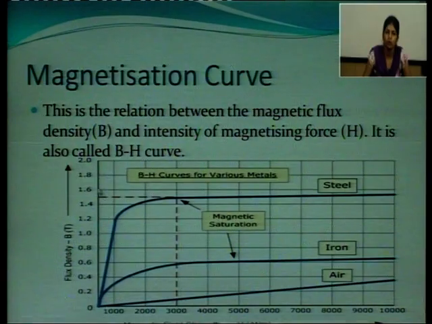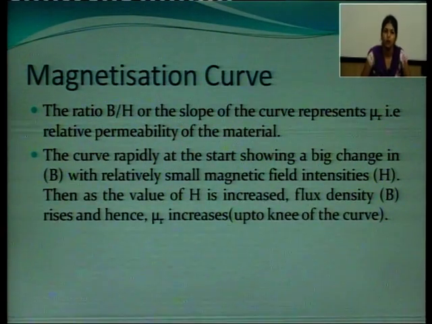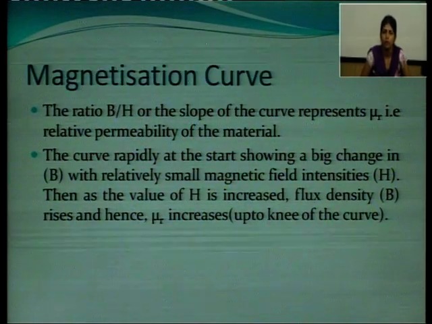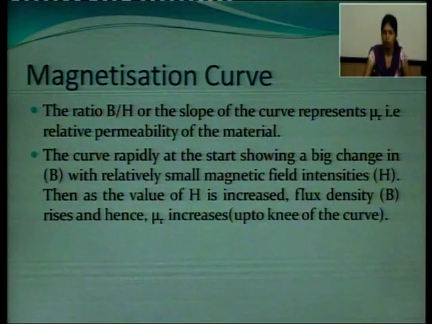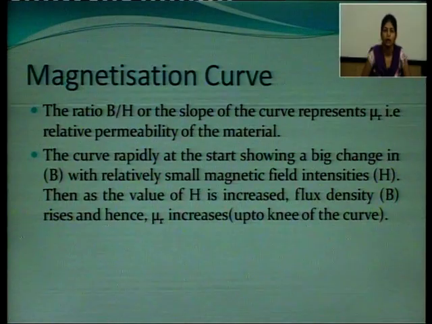It is also known as BH curve. The ratio B upon H, or the slope of the curve, represents the relative permeability of the material.